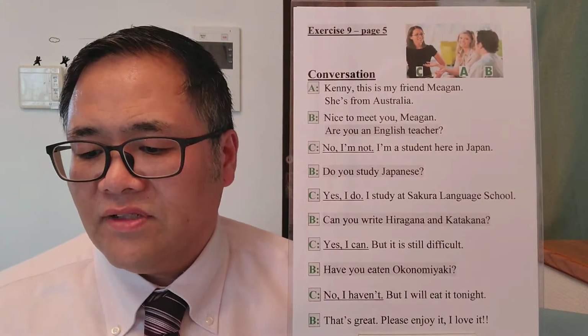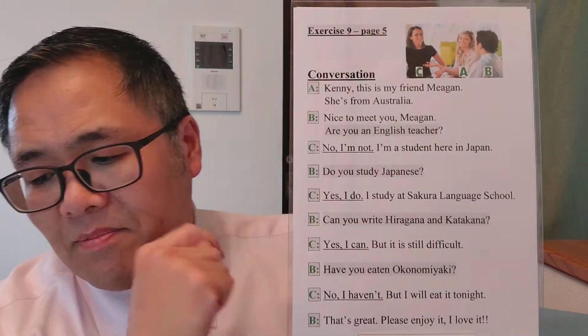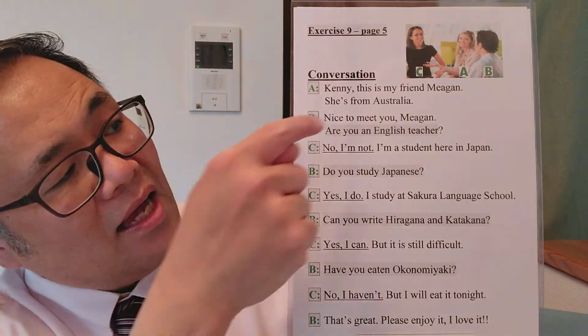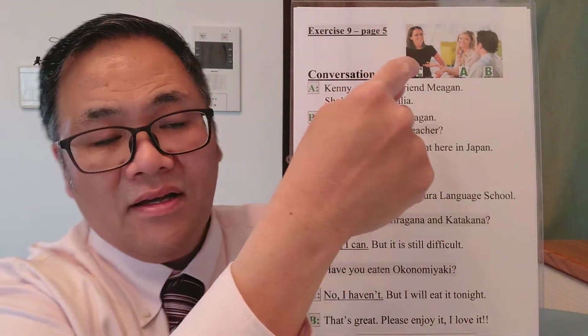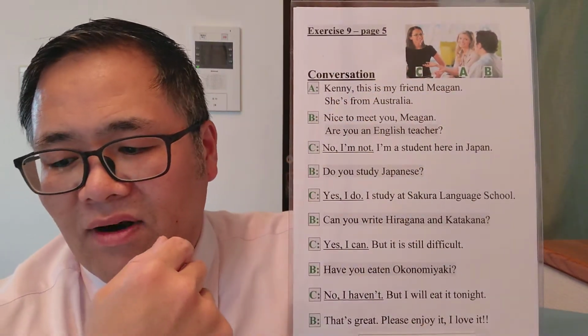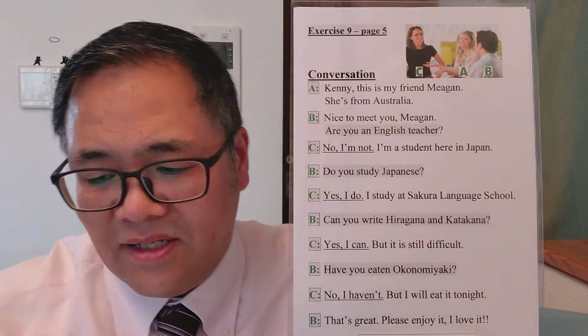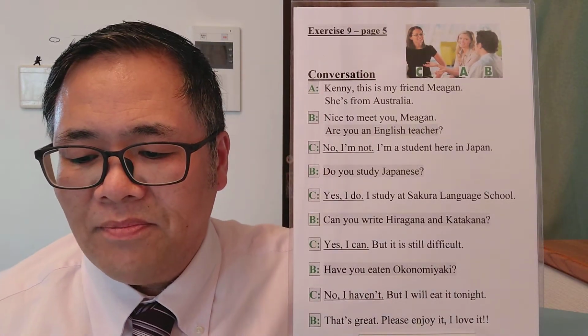Now let's have a look at this conversation, exercise 9, page 5. There are 3 people, A, B, and C. The lady on the left-hand side is C, in the middle is A, and on the right-hand side there's the man, person B. So let's have a look at this conversation between the 3 people.